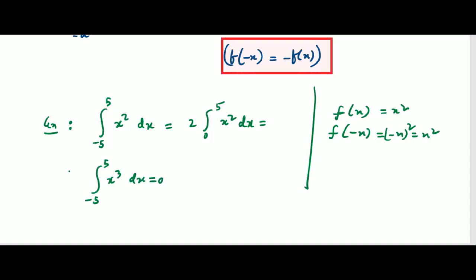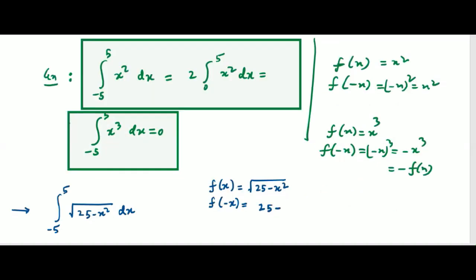I need not do anything because here f of x is x power 3 and f of minus x is minus x power 3, so minus comes out. Directly you can write 0. That's your paper, mostly 50% at least. I've written minus x in place of x, then I got 25 minus x squared. They're the same, so f of x is an even function. That's all.